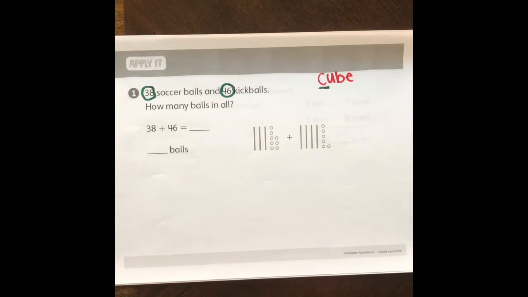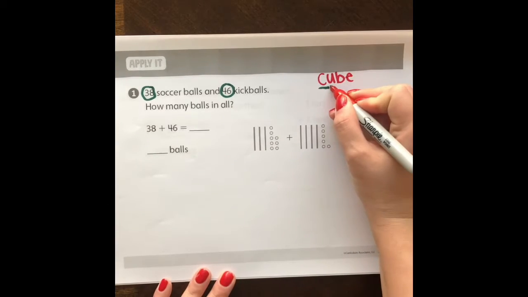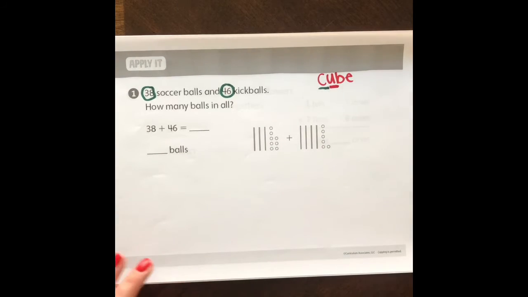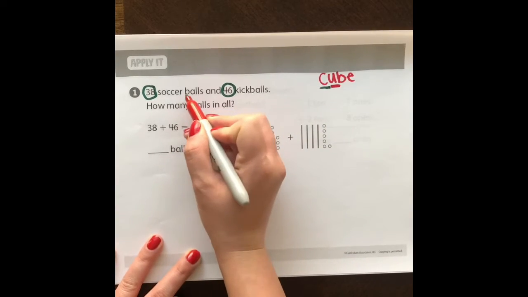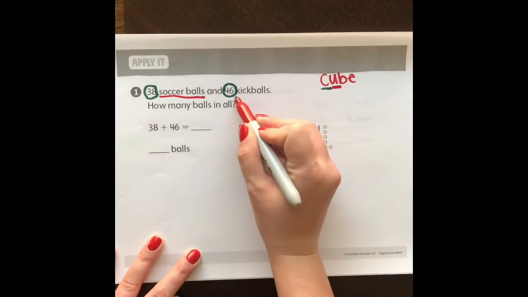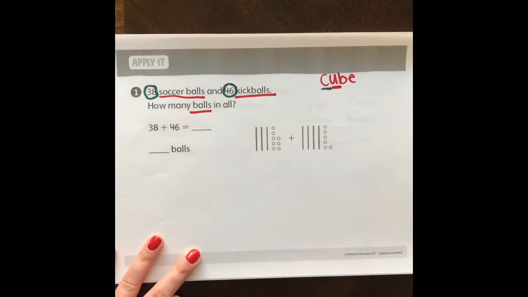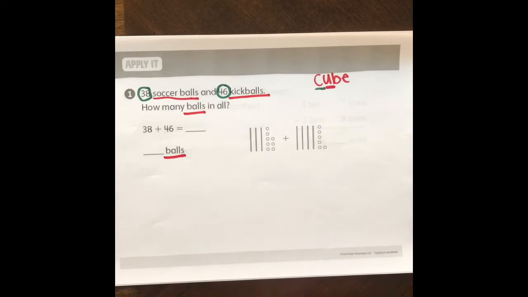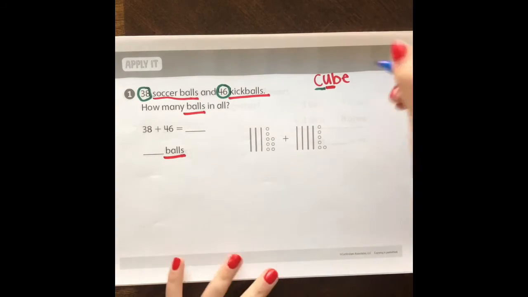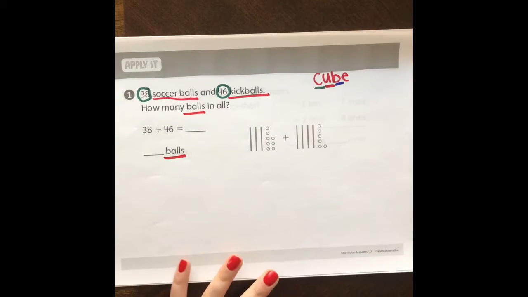We are going to underline what we're talking about. We are talking about soccer balls and kickballs, just balls in general. Next, we are going to box what we want to find out.